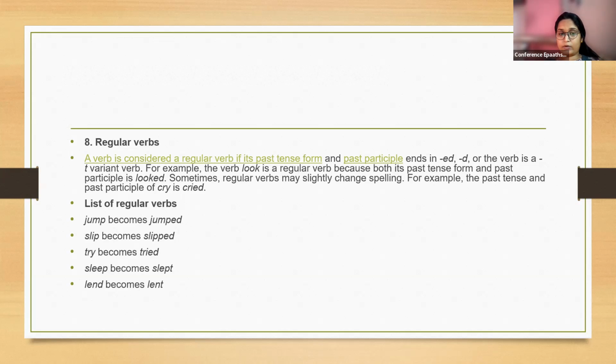So the last two, sleep and lend, we cannot group into regular verbs, because these are not ending with d or ed. They are changing their forms. So they will go to irregular verbs. I'm showing it to you.